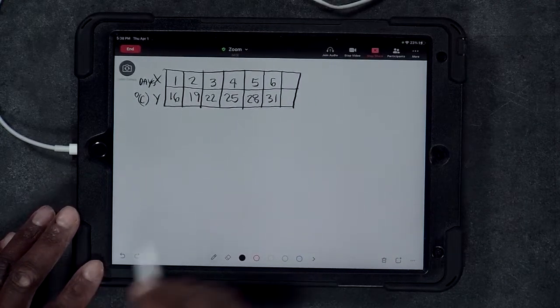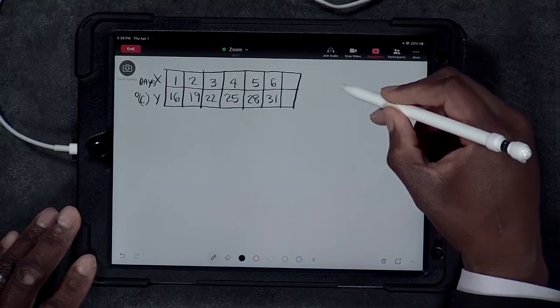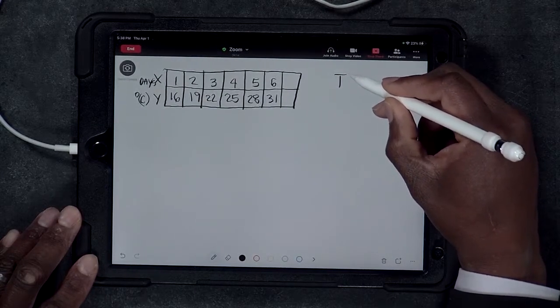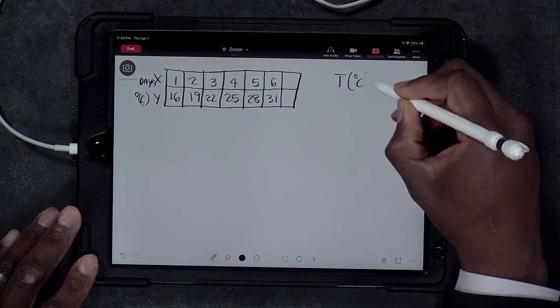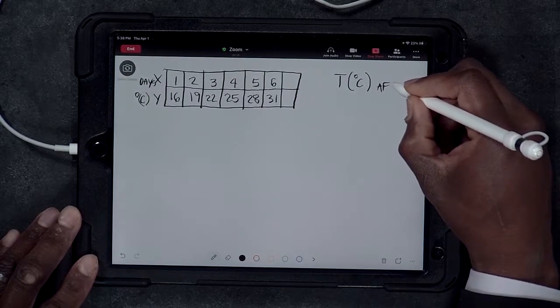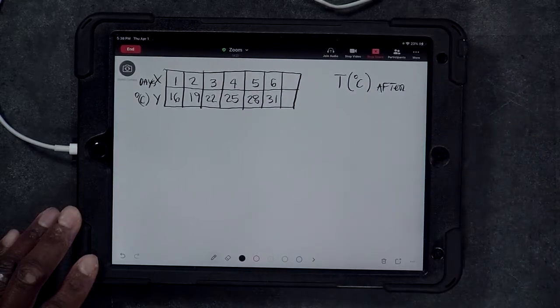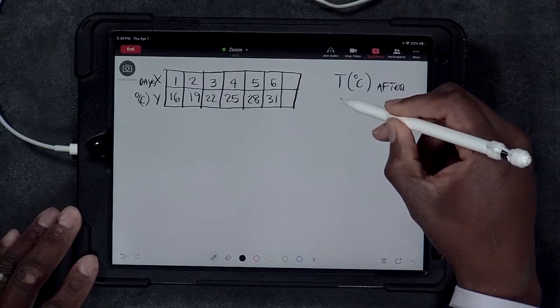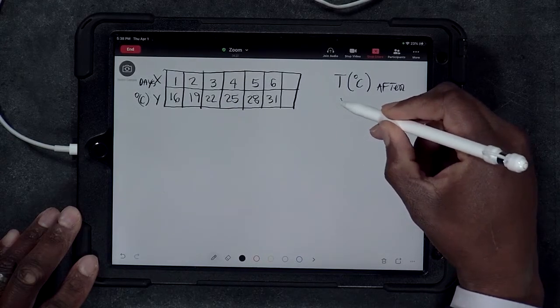All right. And let's say the question would ask, what is the temperature in degrees Celsius after 11 days, assuming that the model remains linear?